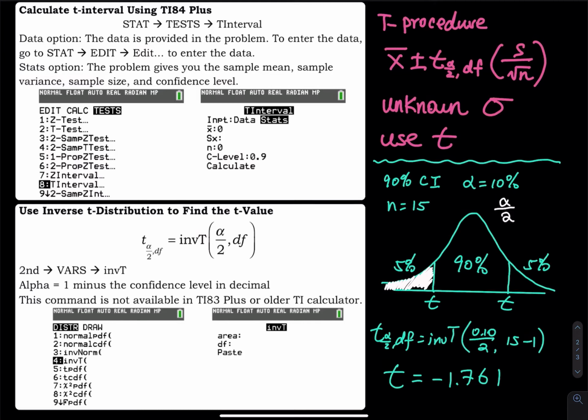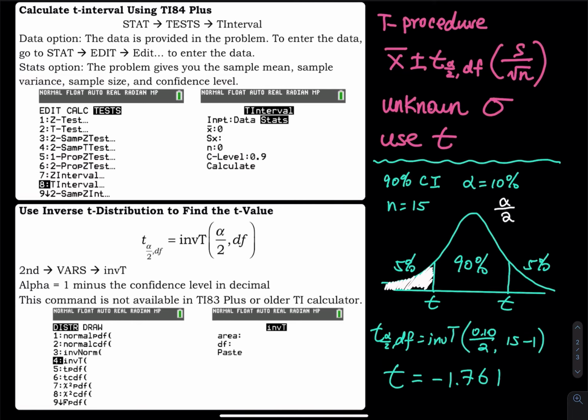In my class, I have some students using a TI-83 Plus. I will make the problem doable without finding the inverse t. I will just ask them to write the formula and then write the lower limit and upper limit. They don't need to plug in, so they can still do it without the inverse t. Which calculator you have and which method you prefer, I let you decide.